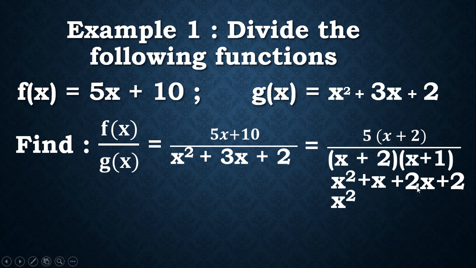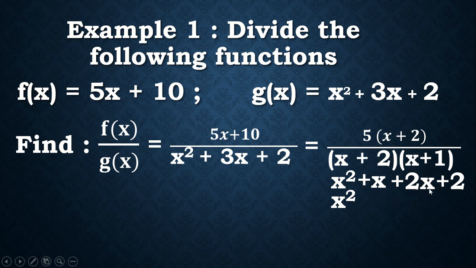We have like terms here: the x variables, and their exponent is 1. Those are like terms because they have the same variable and both are raised to the exponent of 1.